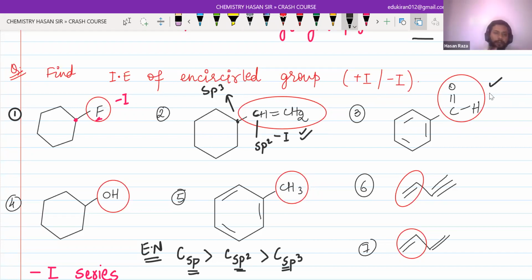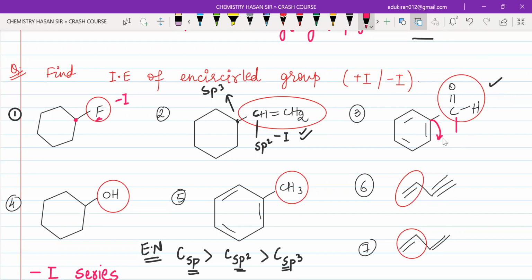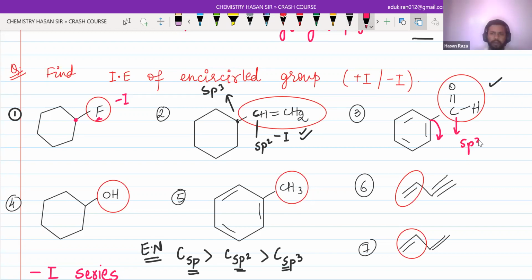Can anyone tell me what about this CHO? Will it show negative or positive? Plus I or minus I? See, what you need to think is, what about this carbon? This carbon, there is also carbon. Very good. That's the correct answer. This is your sp2, same carbon, and this is also your sp2.